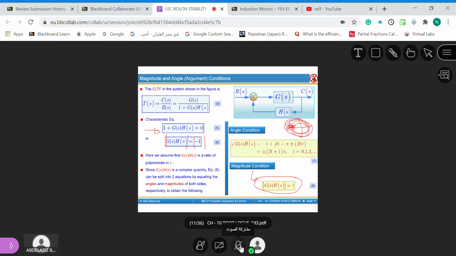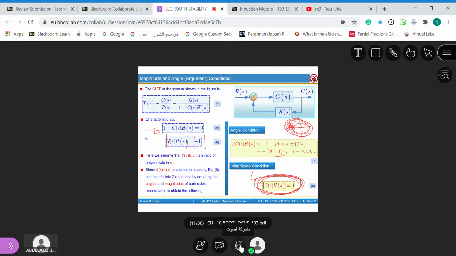The angle condition will be pi plus or minus 2l pi, so the condition will be plus or minus (2l plus 1) pi. And the magnitude condition should be equal to 1. So these are the two conditions. If these two conditions are satisfied, we will see how to plot the root locus now.